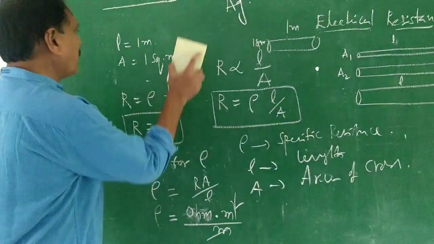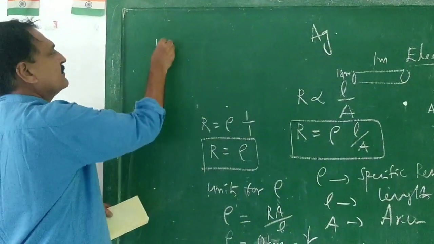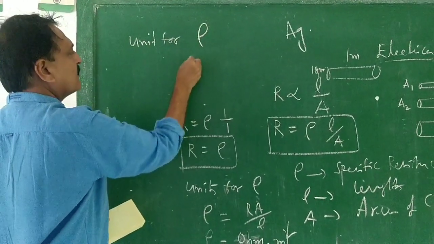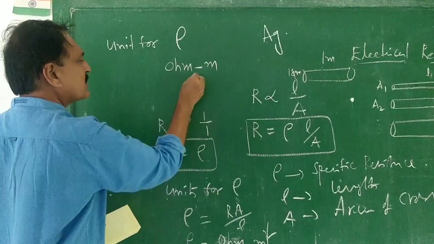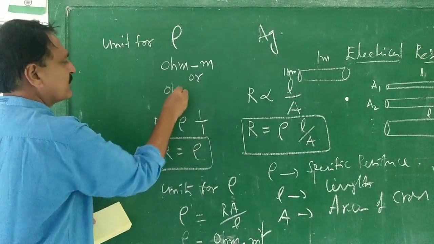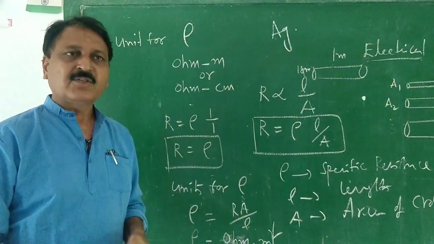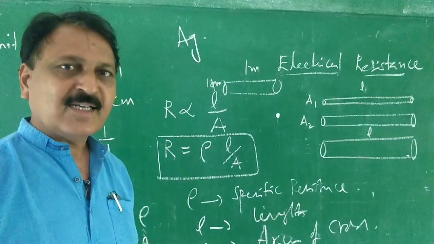So the unit for rho is ohm meter, or ohm centimeter.